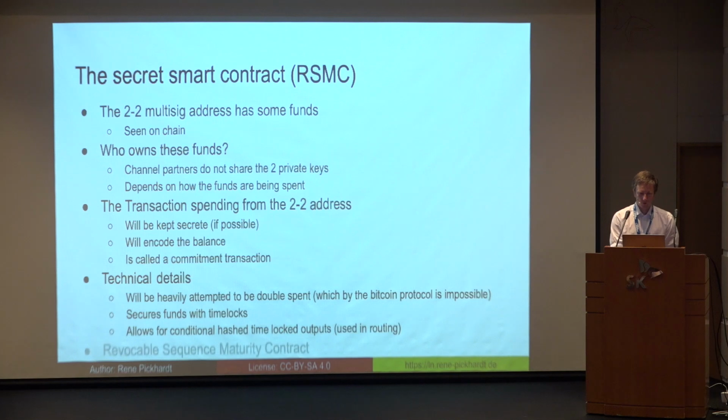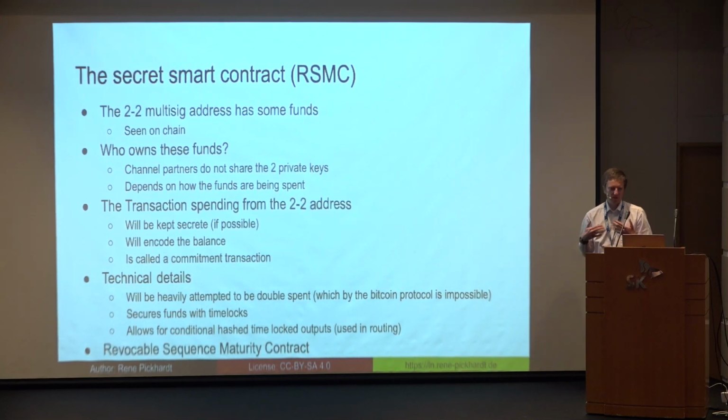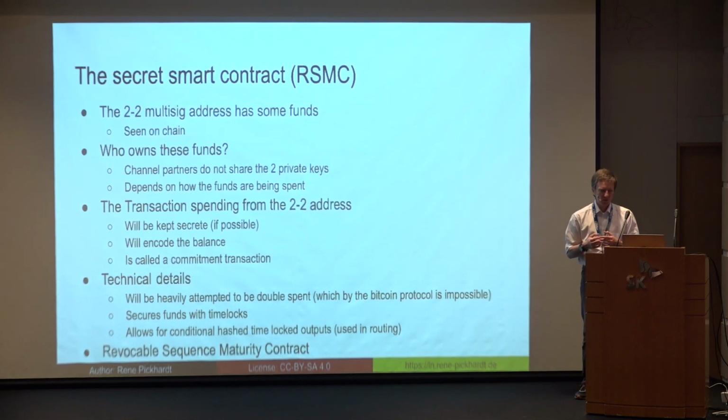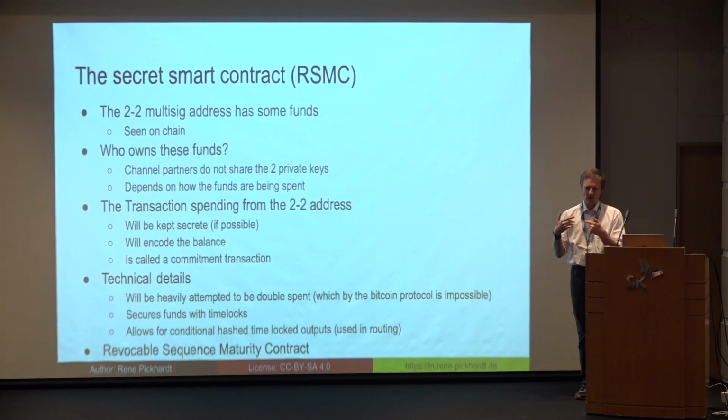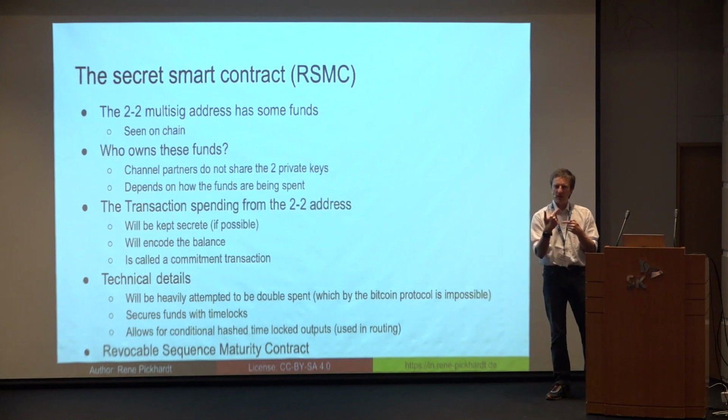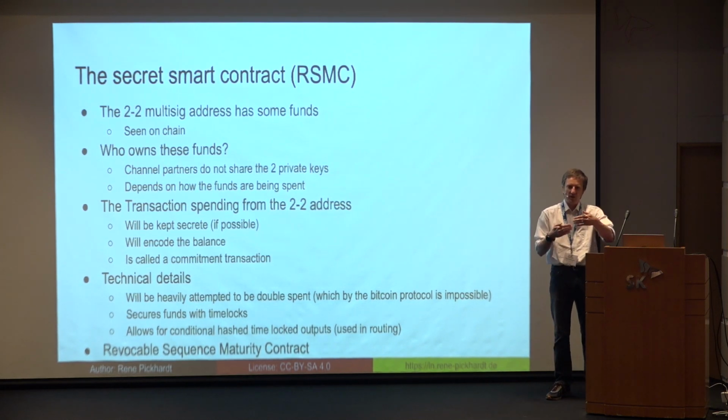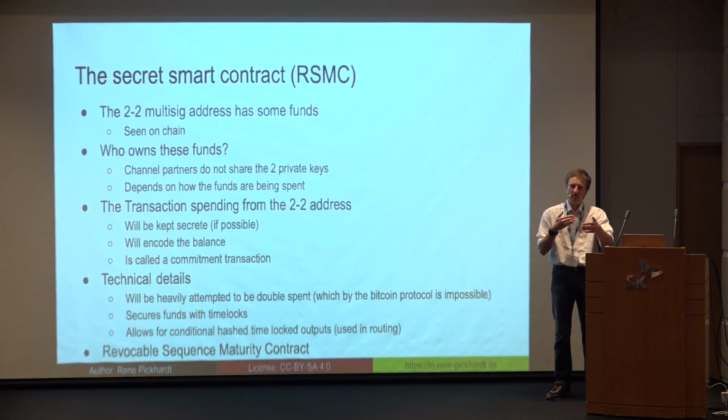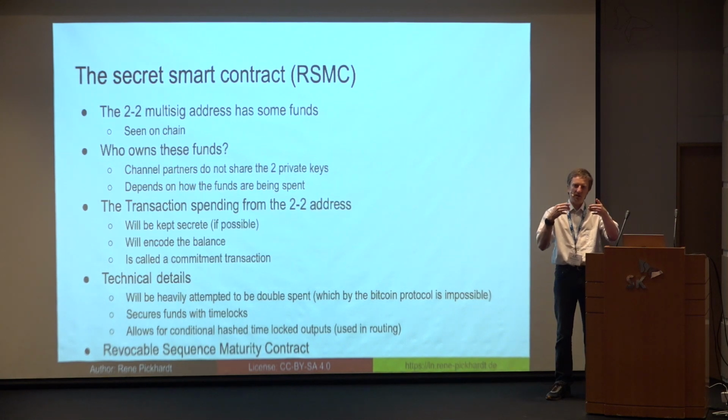So what we will have is called a revocable sequence maturity contract, which means we have a contract between us that I owe you a particular amount and you owe me a particular amount. It's bound by the rules of the protocol, and either party can revoke it if something bad happens.